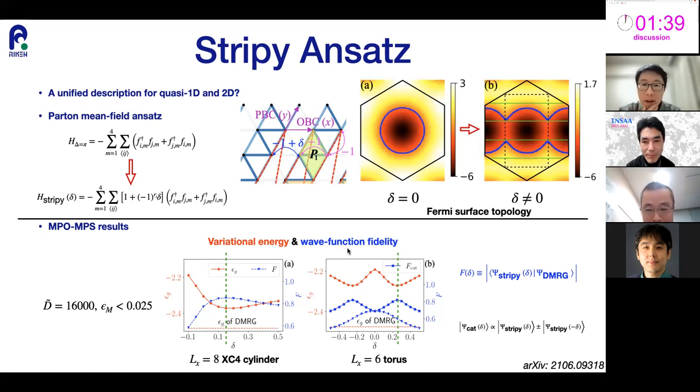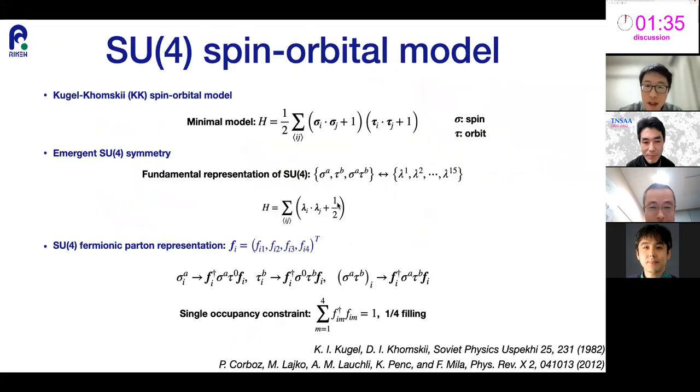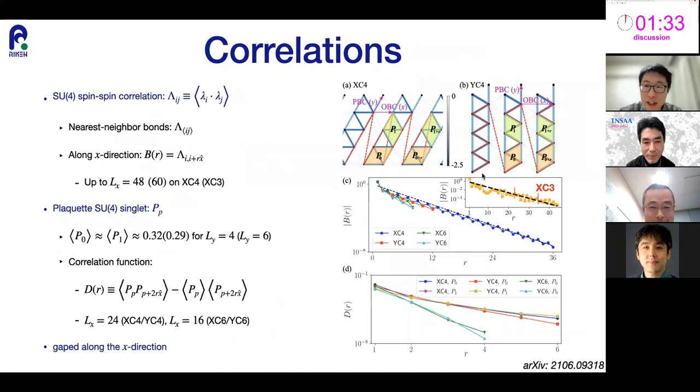You mean, for example, for the correlation behavior? Here you can see in this figure that for a wider cylinder, the correlation decays faster than for a narrow one.